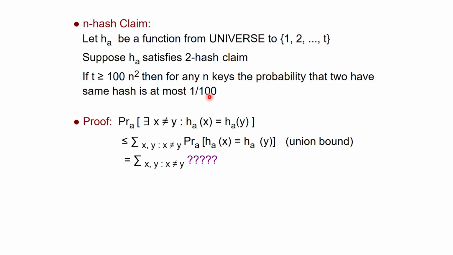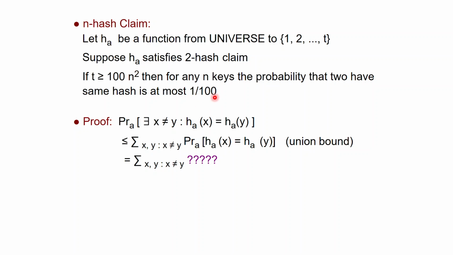So we have n keys, we map them to integers from 1 to 100 times n squared. Then the probability over A that any two keys have the same image is at most 1 over 100. And let us go through the proof because it uses some very important and basic machinery in probability theory.